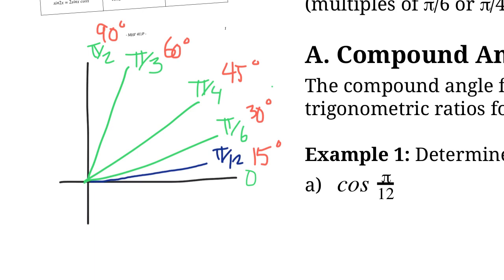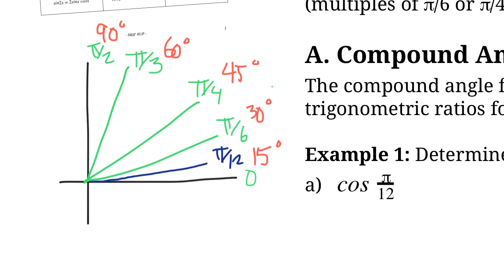And my question for you is this. If cos pi by 12 is 15 degrees, basically we're finding the cos of 15 degrees, can we represent that 15 degrees as a combination of two other angles we already have? Is there a way to either add or subtract two of these angles to get 15 degrees? Well, it's pretty clear that 60 and 45 are 15 degrees away from each other.